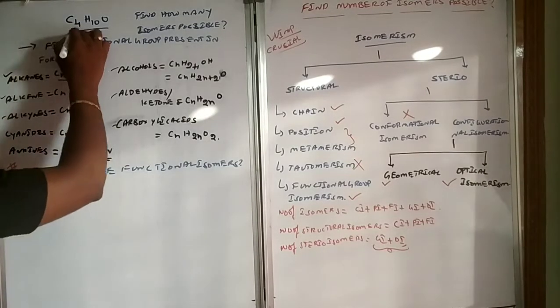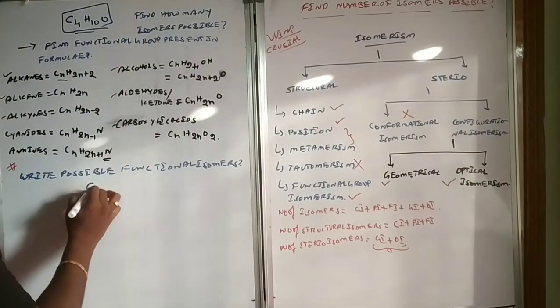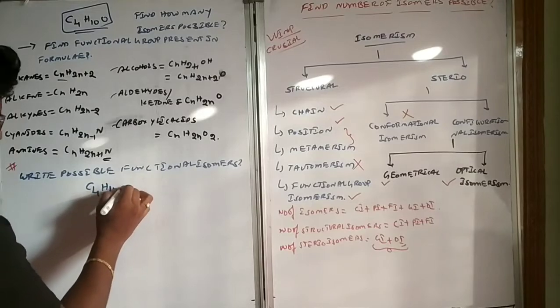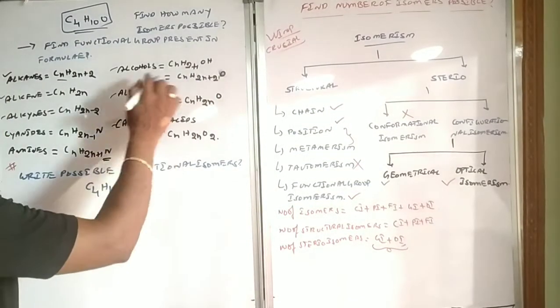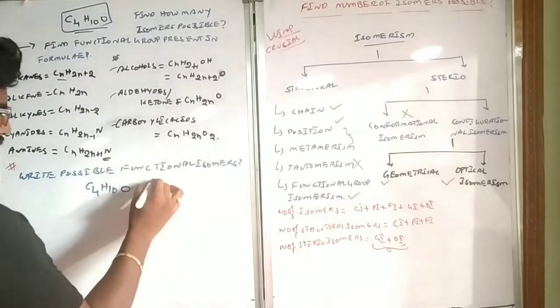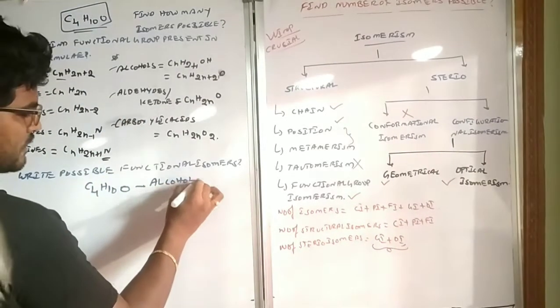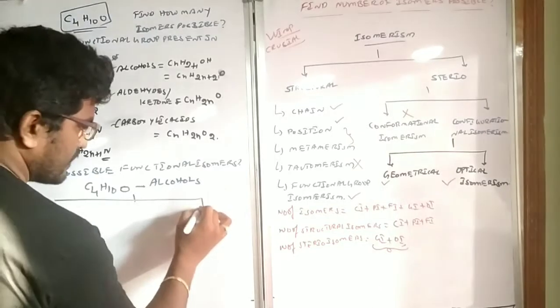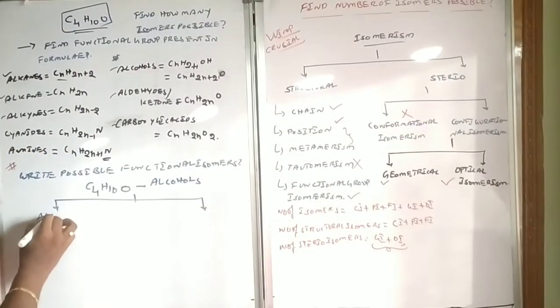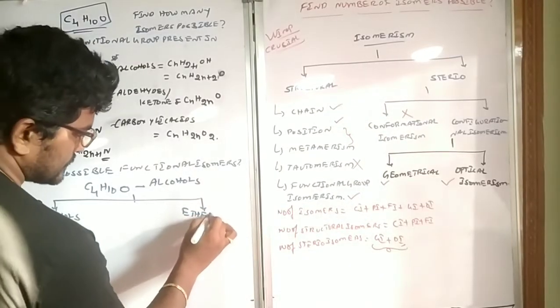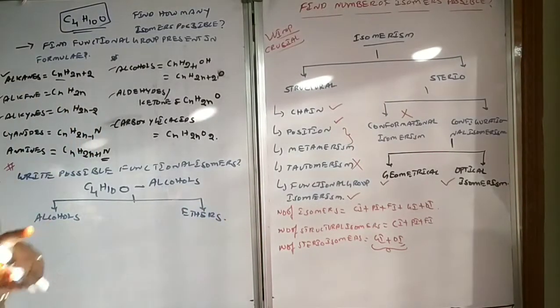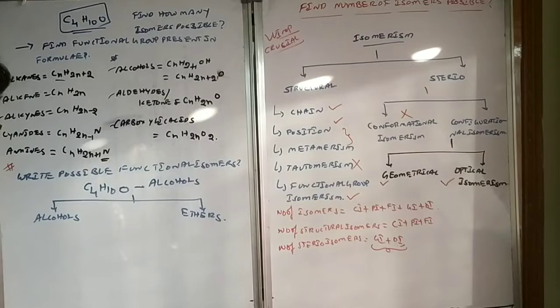So here you see C4H10O. C4H10O is in the form CnH2n+2O. So that's why it is alcohol. You know very well, there are two functional groups possible, alcohols and ethers.